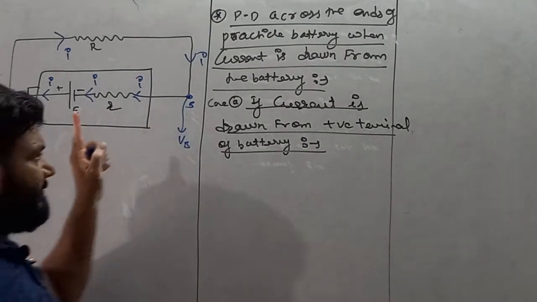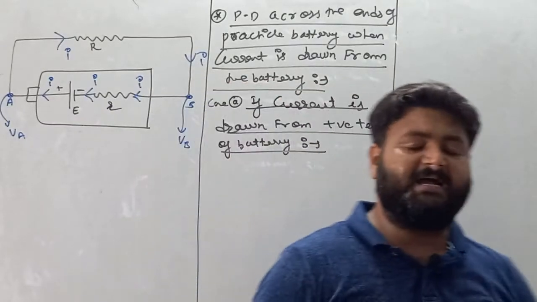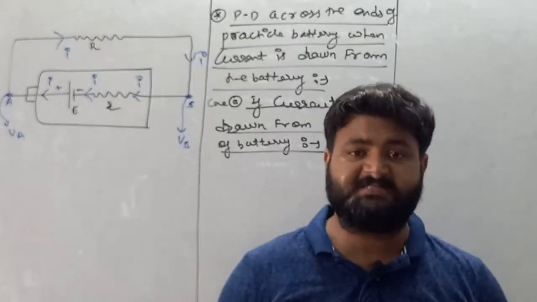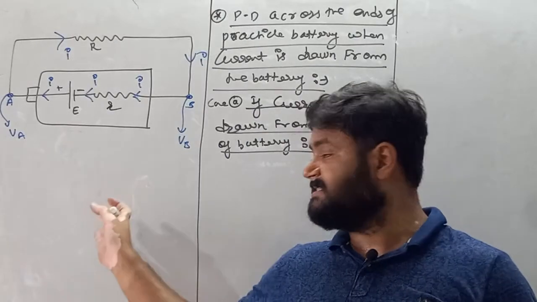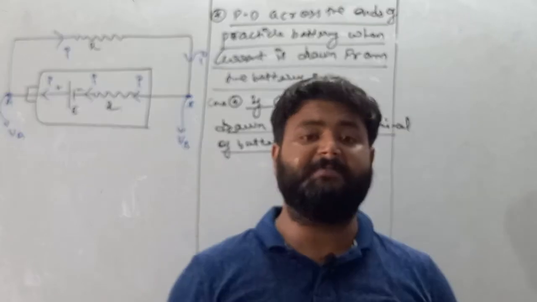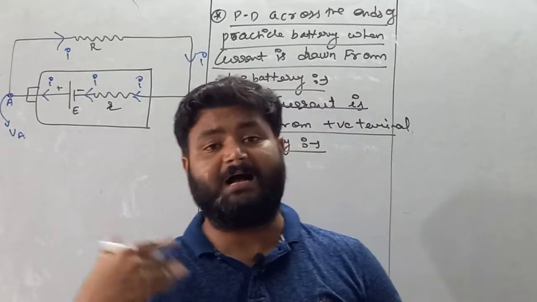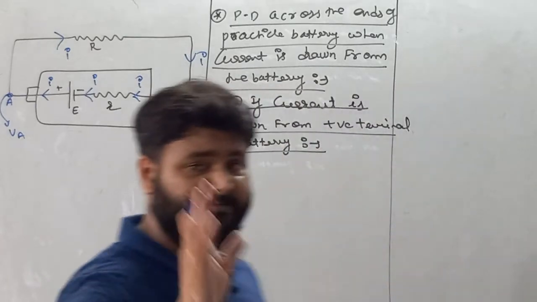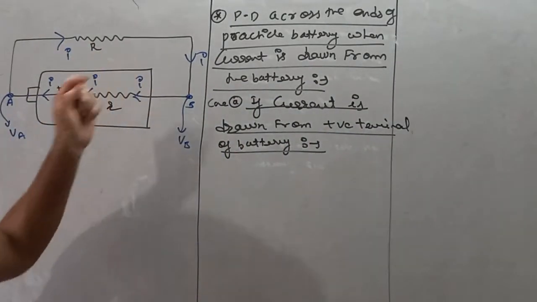We are discussing the potential difference across the ends of a practical battery when current is drawn from the positive terminal of the battery. After this, we will discuss when current is drawn from the negative terminal of the battery. I'll show you how current comes out from the negative terminal. Before that, let's discuss this situation.